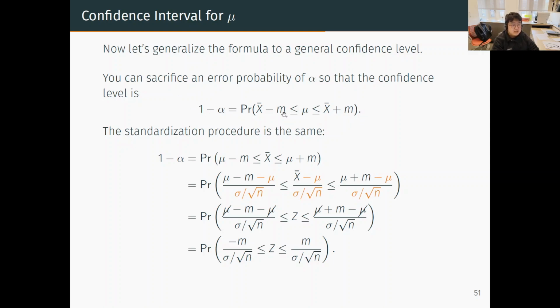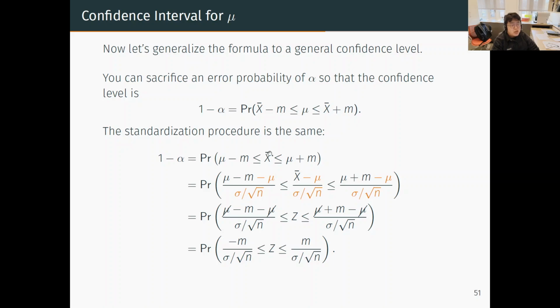Okay, this is the equation we are going to solve for m, right? So m is the only unknown that we are going to solve for in this equation. Previously we chose alpha as 5%, but now it can be anything. The idea is the same. We are going to rearrange the inequality so that the random variable x bar is in the middle, right?